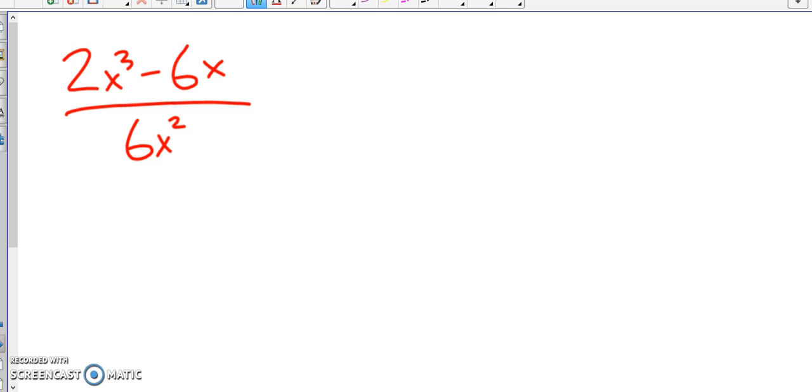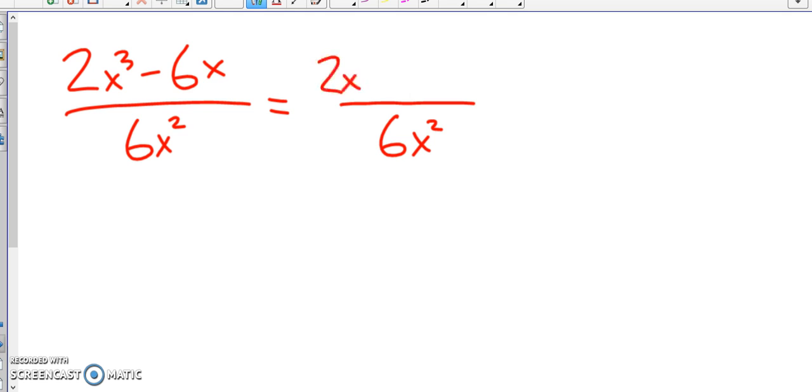So what we want to do is factor these things as much as possible. Well, the denominator looks pretty much set. But the numerator has got a common factor. And that common factor would be 2x.